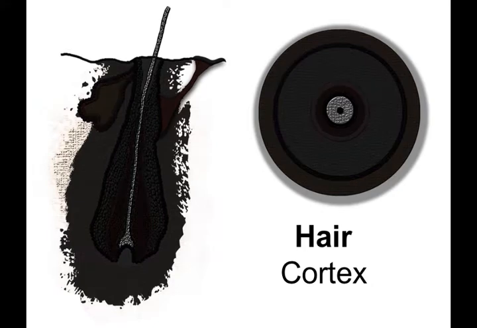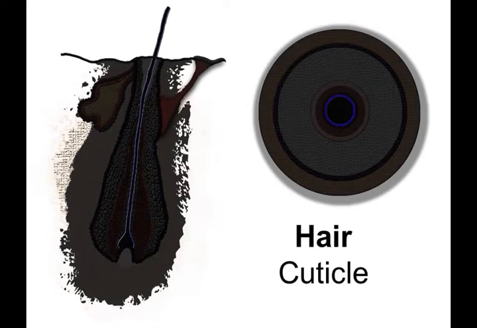The hair cortex is composed of harder keratin and does not form air spaces in normal hair. And then the outer cuticle is composed again of a hard keratin that interdigitates with the cuticle of the inner root sheath, and that's what anchors your hairs in place.